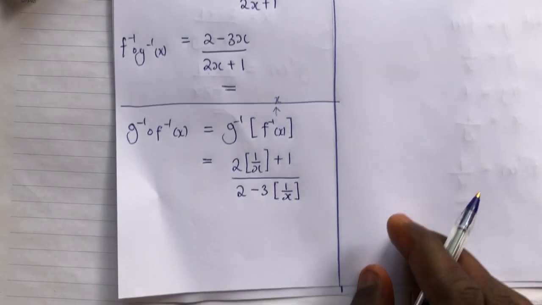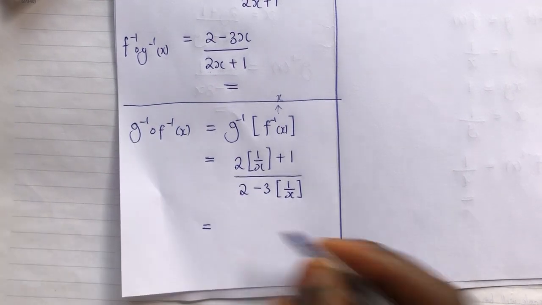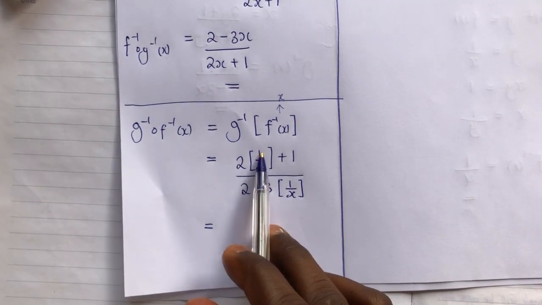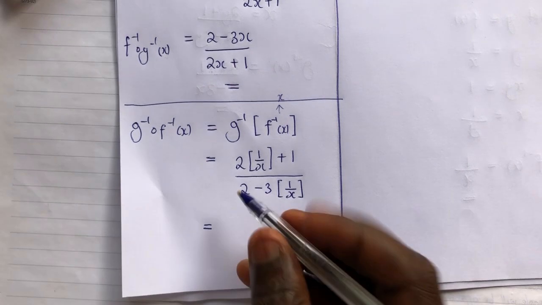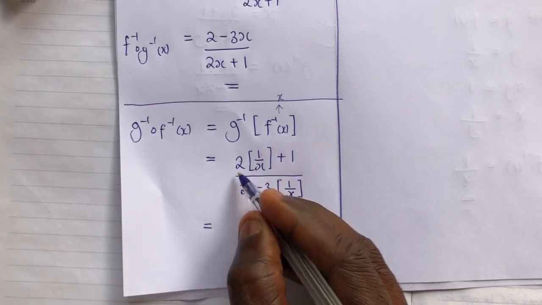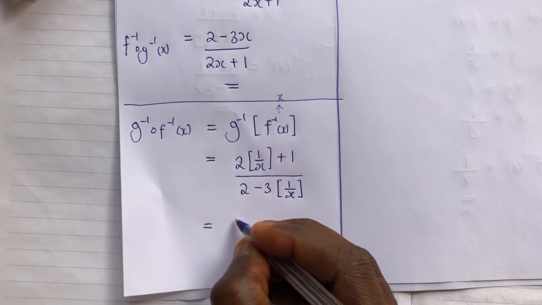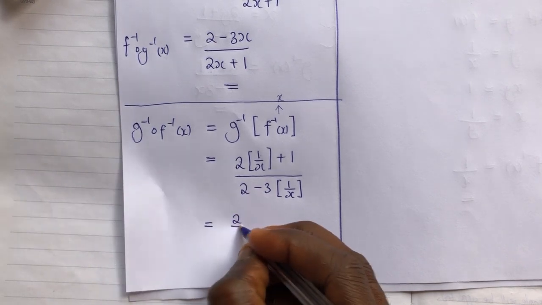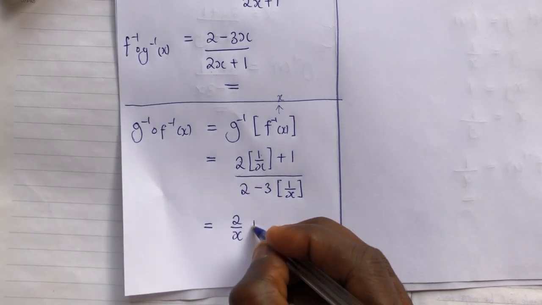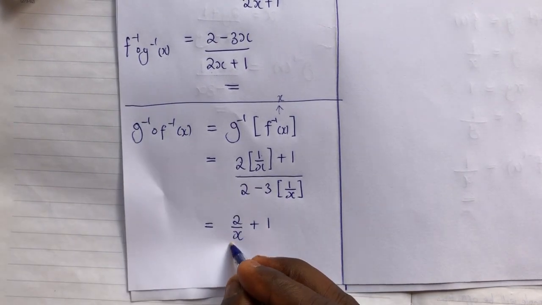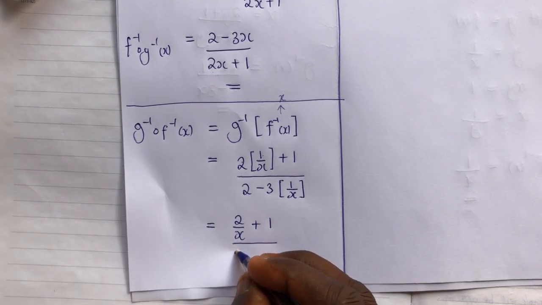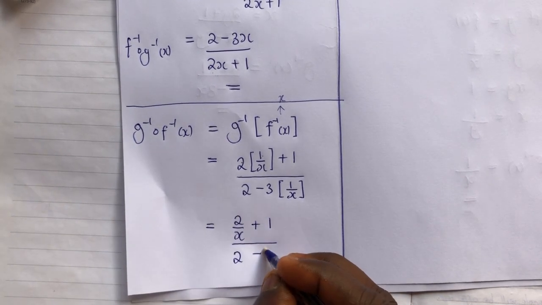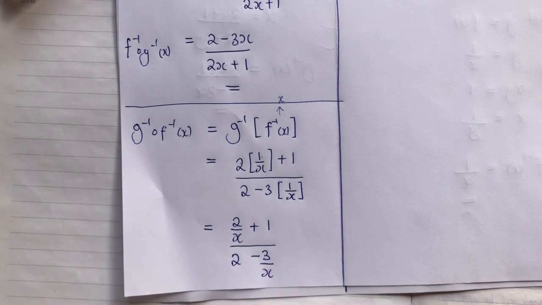Okay, so now the next thing to do is just to solve. These two affect only the numerator. So we have 2 times 1, this is over 1. So we have 2 out of x plus 1, all over 2 minus 3 out of x.